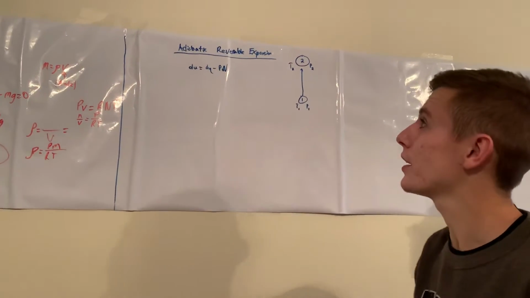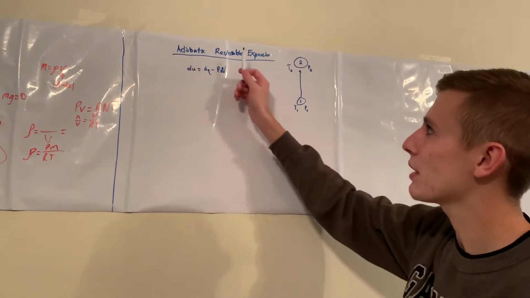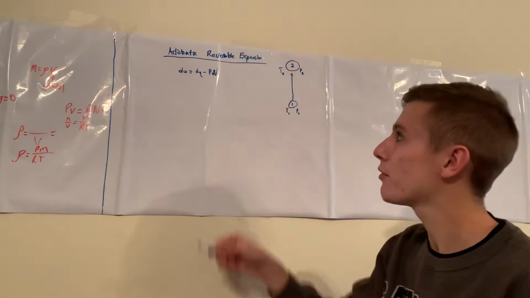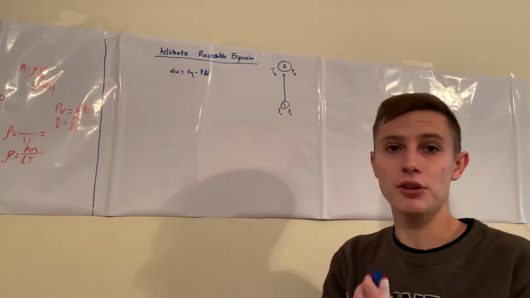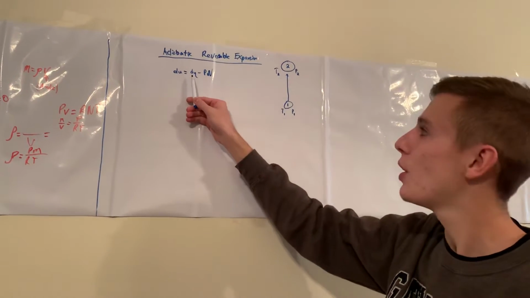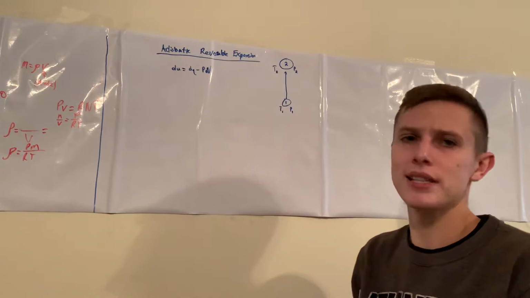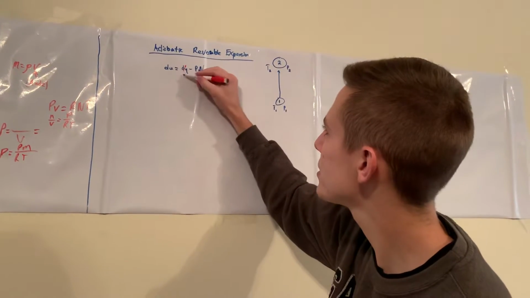Now the key words here in adiabatic reversible expansion are adiabatic and reversible. Adiabatic means that there is no heat added or taken away from the system. So this small amount of heat in the equation we can basically cancel out and say it's equal to 0.